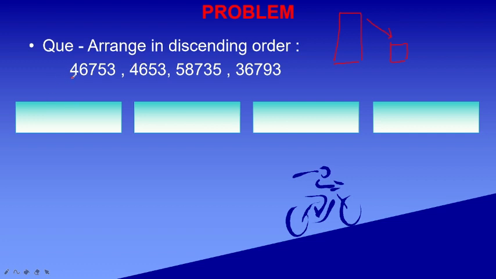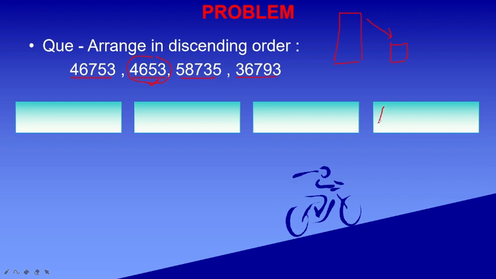So see, this is a 5-digit number, this a 4-digit number, this a 5-digit number, this a 5-digit number. So the 4-digit number is the smallest number.